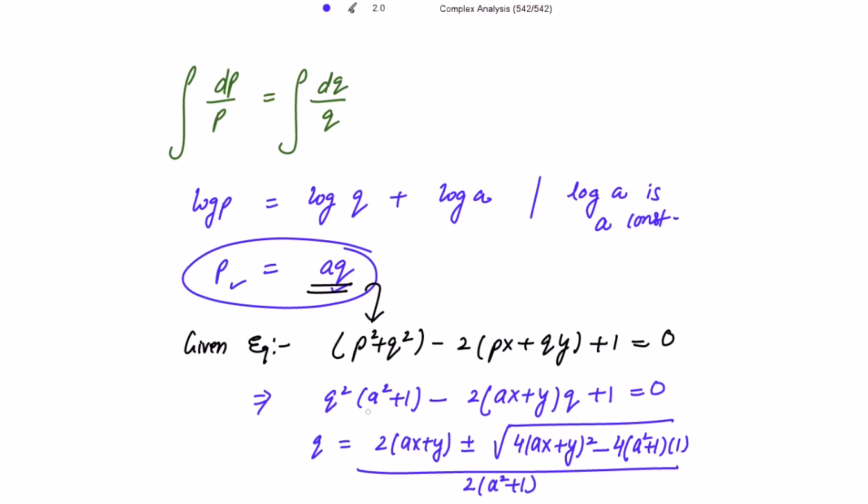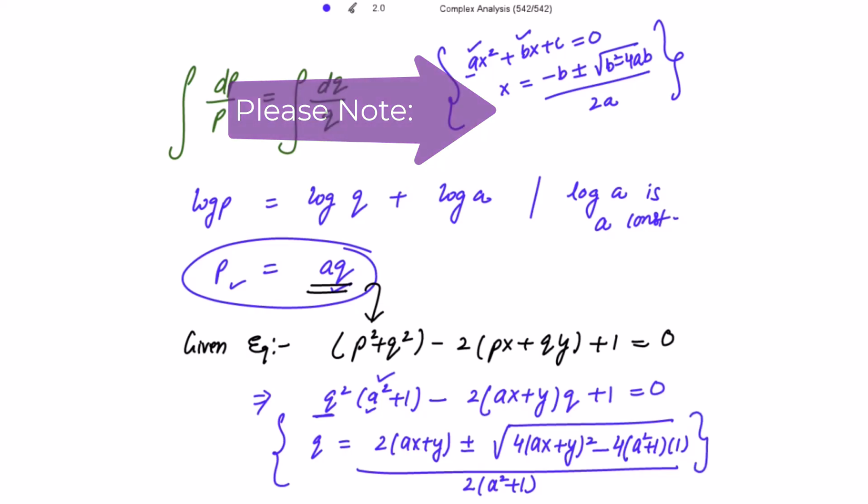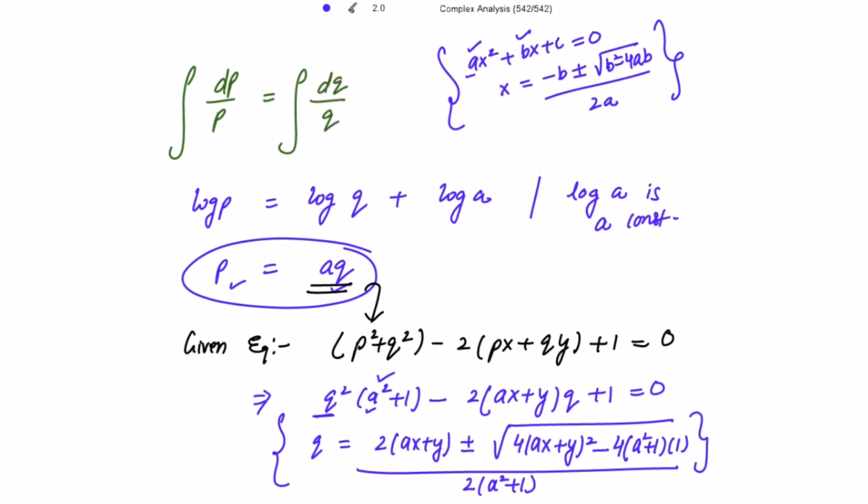Please don't confuse this a with the a I am saying according to the formula. Please match this with this. What is in the square root? Let's take 4 outside from the square root. So that will be 2, and 2 cancel from the numerator and the denominator.